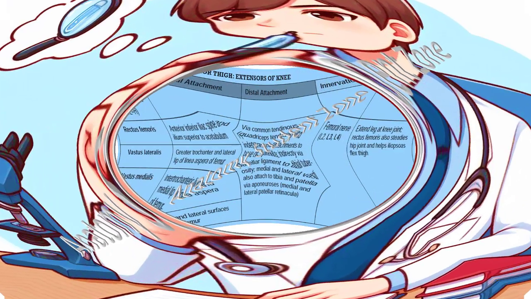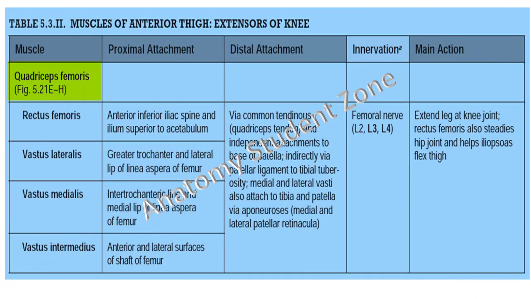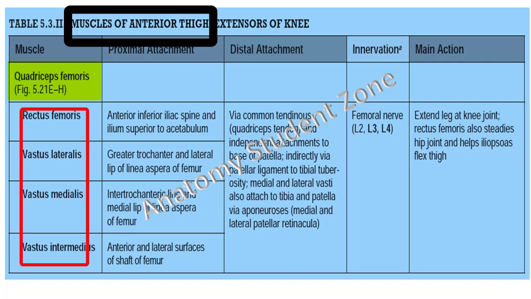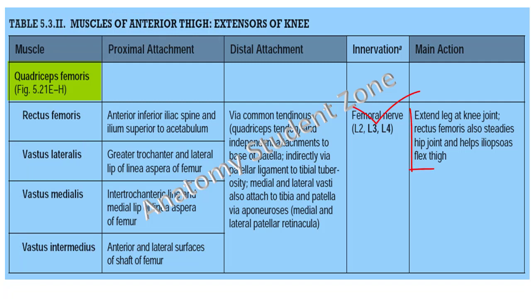If we take the example of the quadriceps femoris muscle that I told you, it consists of four muscles which are rectus femoris, vastus lateralis, vastus medialis and the intermedius. This is a muscle of the anterior compartment of the thigh. It is innervated by the femoral nerve. The quadriceps femoris is an extensor of the leg at the knee joint.